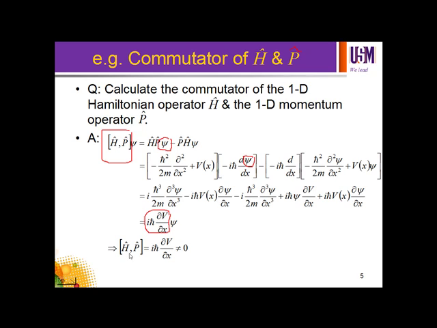That means the commutator of H and P is equal to i h bar dV per dx, which is not equal to 0. So our conclusion is that H and P, that means the Hamiltonian operator, is not commutative with the momentum operator.